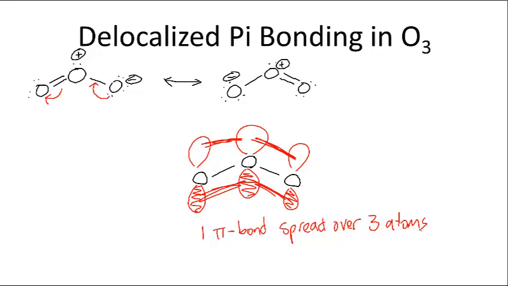And the answer is no, they don't necessarily need to overlap with each other. As long as there's kind of an unbroken chain of these parallel p orbitals, the relationships between the neighboring atoms can end up spreading out over more. They both just have to touch the one in the middle. Both of the outer p orbitals just have to overlap with the one on the middle oxygen.